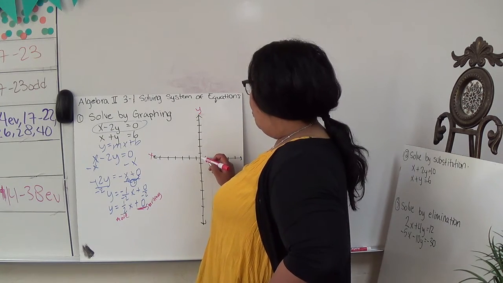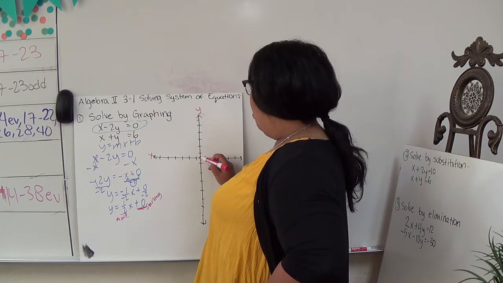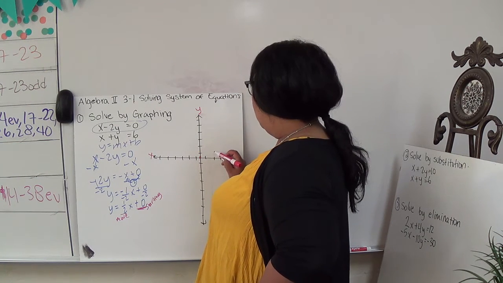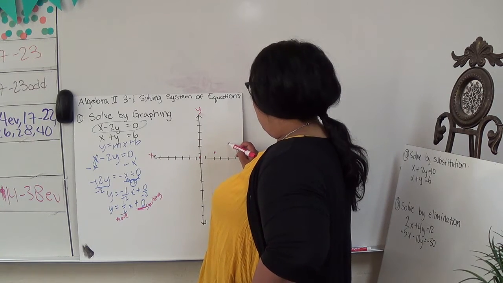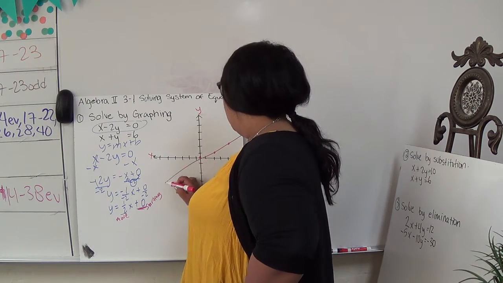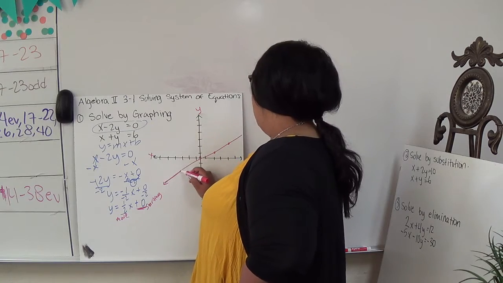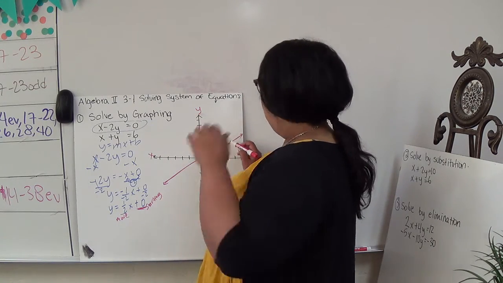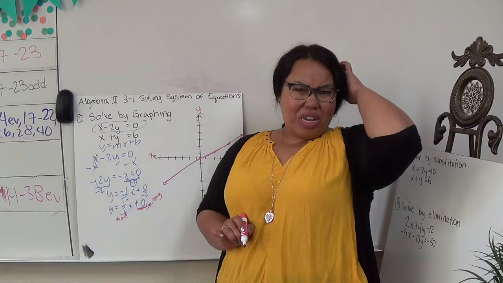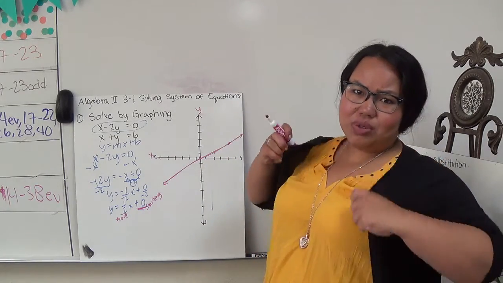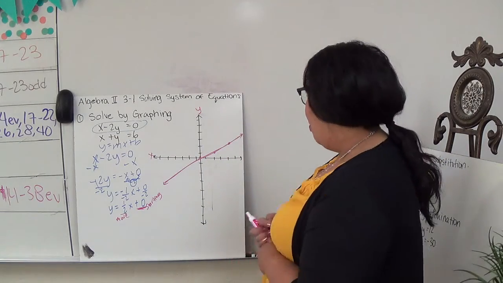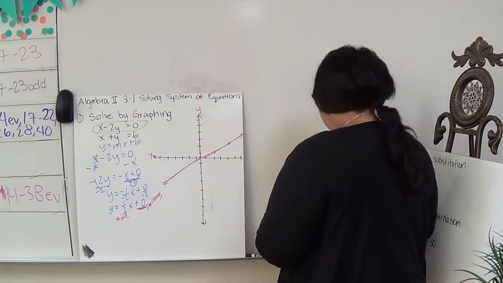So starting at 0, I'm going to go up 1 over 2. Up 1 over 2. And this is my line. This might be helpful if you use graph paper, because you need to be a little more exact than other graphs, because we're looking for exact points that overlap.